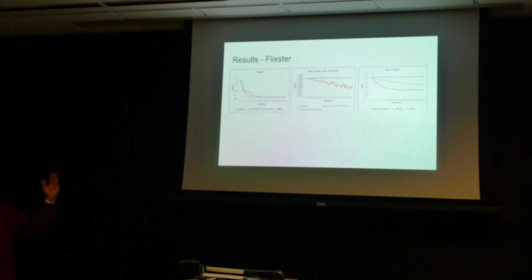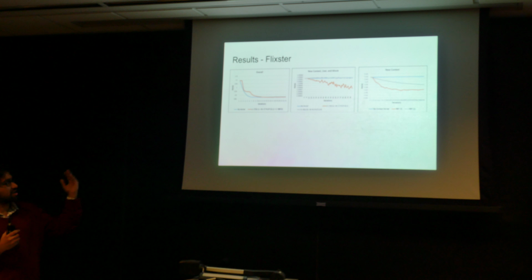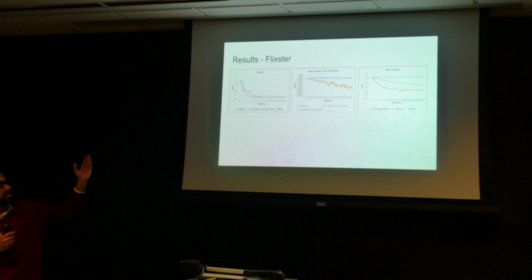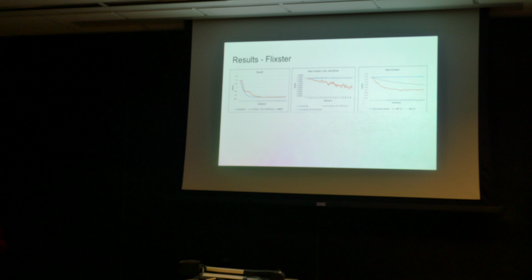However, when we move to the cold start evaluation, our method performs better for the cold start problem in comparison to the other baseline. We could see that when our method has to predict new context, user, and movie, all three together, we are doing much better. And similarly, just for new context, we are clearly doing a lot better than the baseline algorithm.